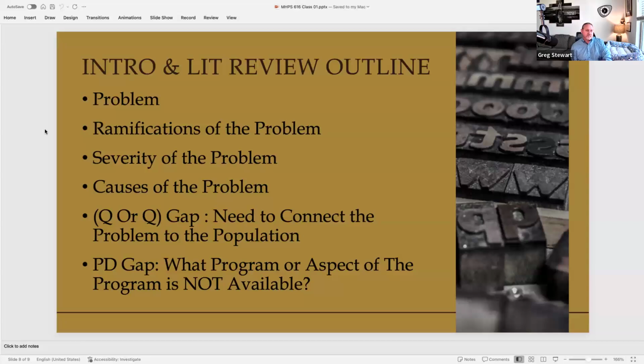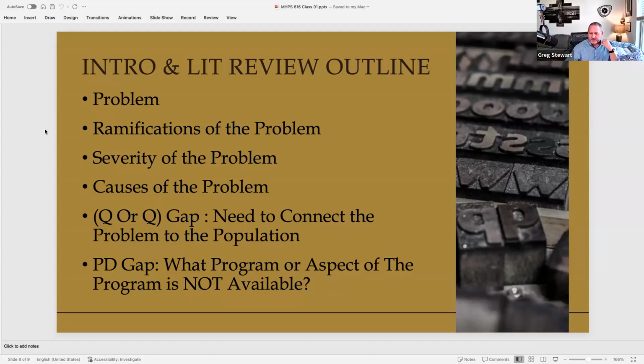That's called a silver platter. That's how you write your intro and lit review. The intro is the lit review, just much shorter, or the lit review is the intro, but much bigger. We tracking?